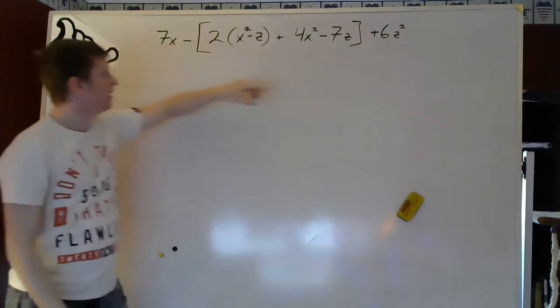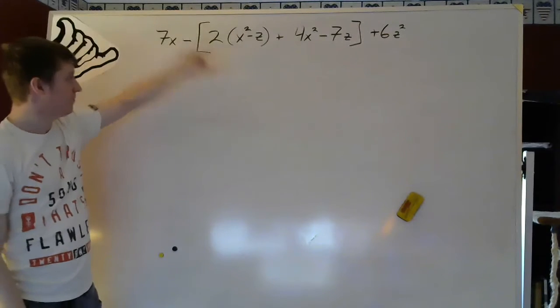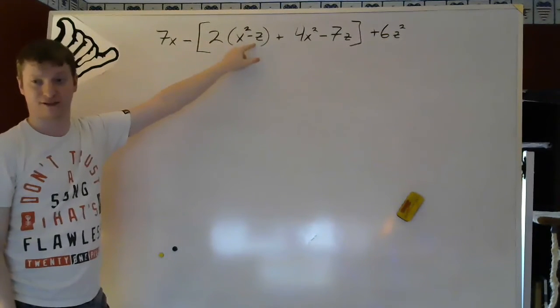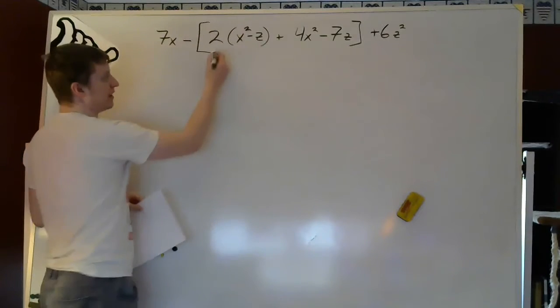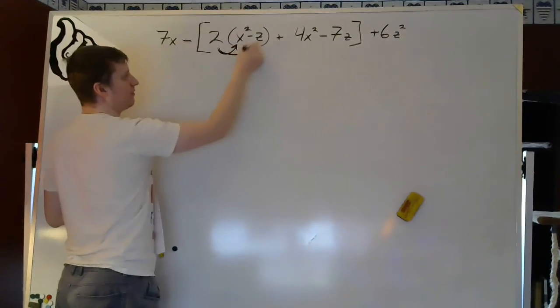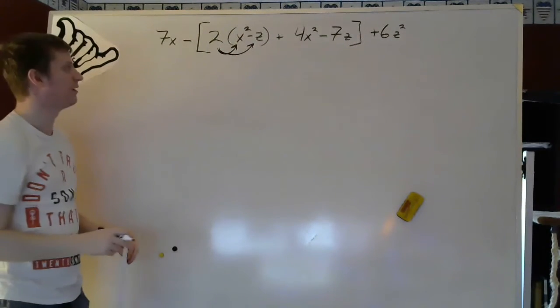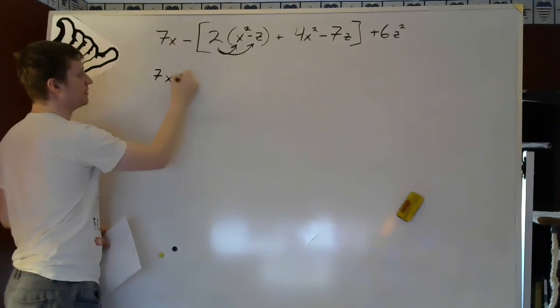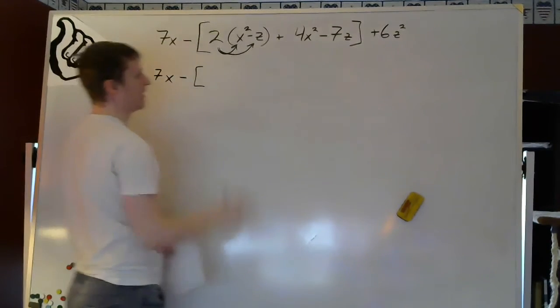First thing that I'm seeing to do, well, we can take care of this number that's in front of some parentheses within the brackets. So let's distribute that, the 2 to each of those, the x squared and the minus z. Nothing else is changing. I'm keeping everything else exactly like it was.